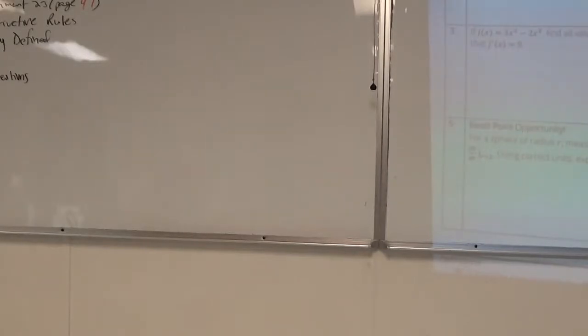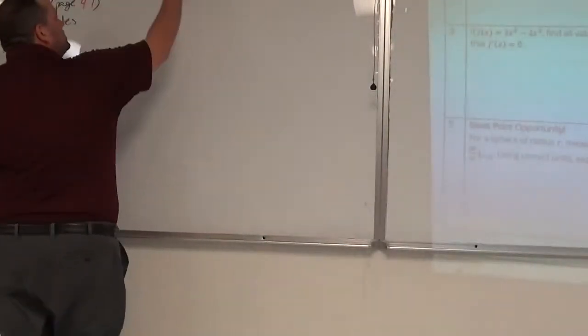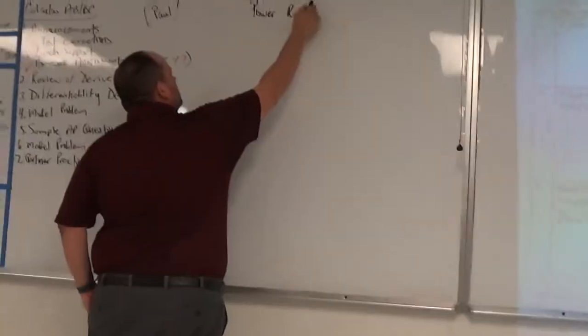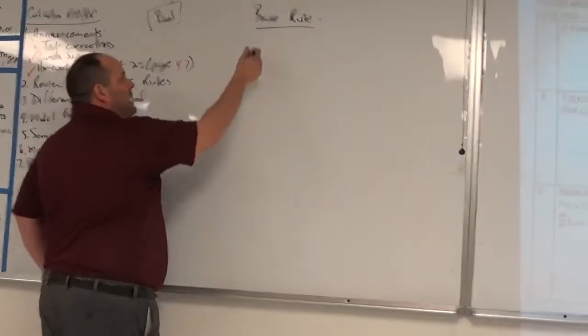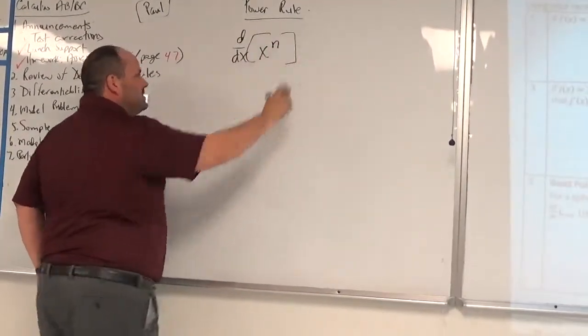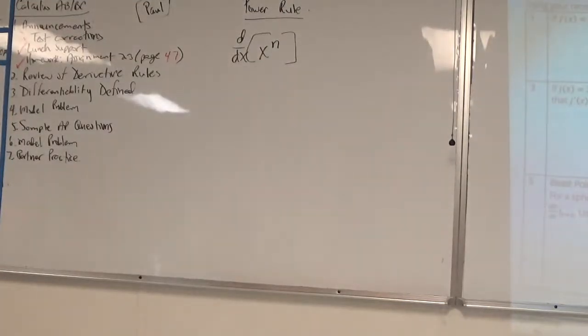All right, so yesterday we started talking about derivative rules. The most important one that you need to know, and you guys are going to get practice with this in just a second. Okay, the power rule. If you have something raised to a power, how does it work? What do you do to find the derivative?